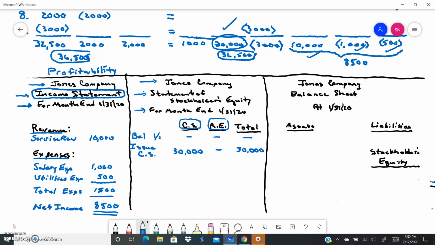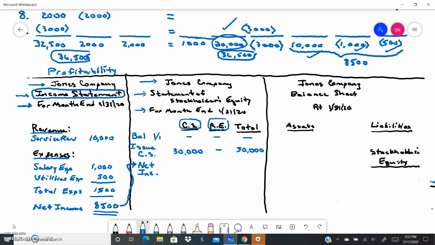But if you look over on our income statement, we've already summarized revenues and expenses. So what we're going to do is just carry over our net income from our income statement.